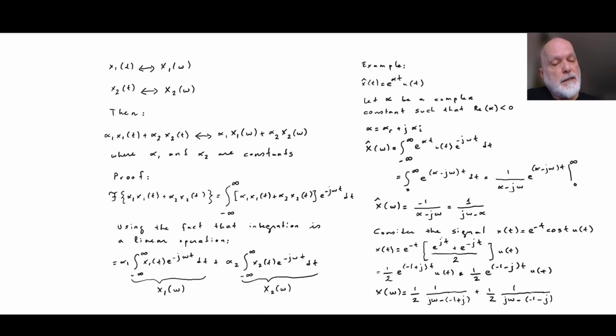After calculating the Fourier transform of this signal, we can apply it to our signal x of t, which can be written as the linear combination of two such complex exponential signals, and we are able to calculate the Fourier transform in a straightforward way by using the linearity property of the Fourier transform.